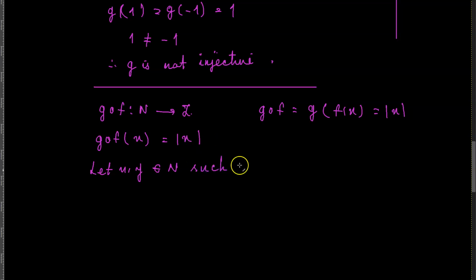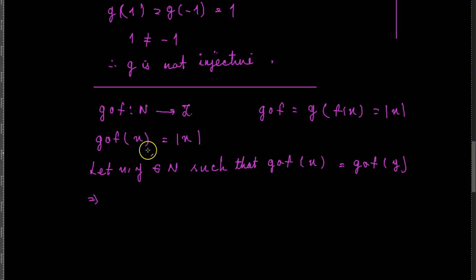So you have g of f of x is equal to g of f of y, and x and y belong to the set of natural numbers, the domain of the function, right?